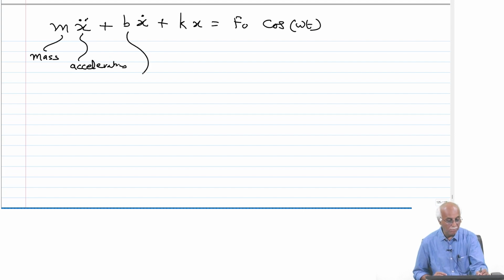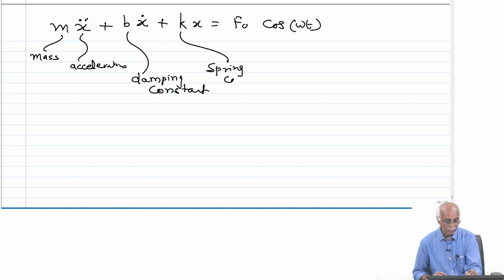B is the damping constant, K is the spring constant, and this is the external force.